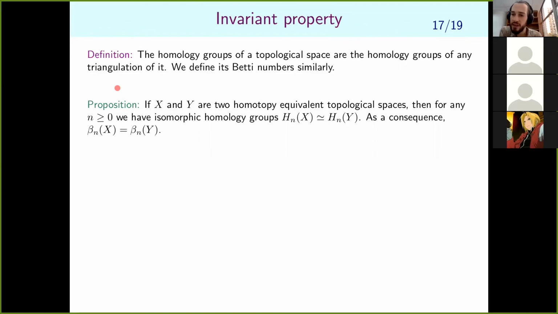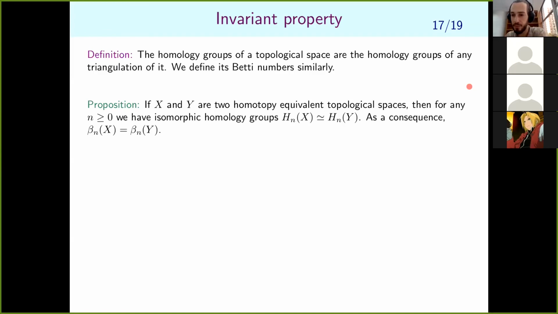This is the same idea as what we did for Euler characteristic last week. We said that the Euler characteristic of a topological space is the Euler characteristic of the triangulations of this topological space. When we say something like that, we have to make sure that the homology groups do not depend on the triangulation we choose of the topological space.